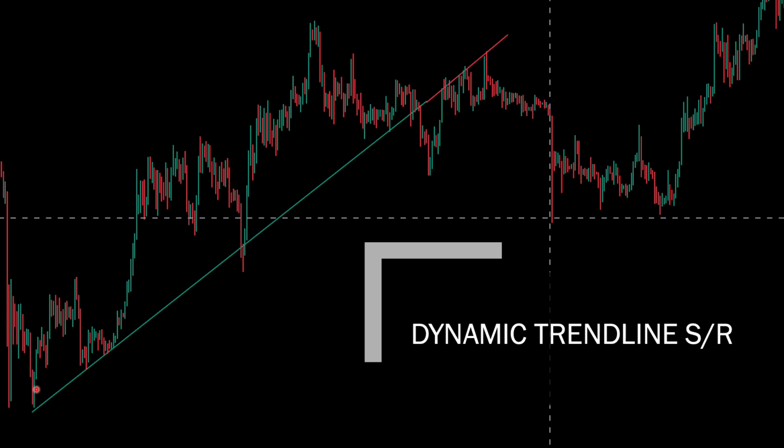Dynamic: this is a trend line. A trend line, I think, is the most underrated thing in trading. A trend line is a strong support and resistance level. It doesn't have to be a fancy trend line. It could be on a logarithmic chart, it could be on a regular chart, but trend lines work, and they work very well.